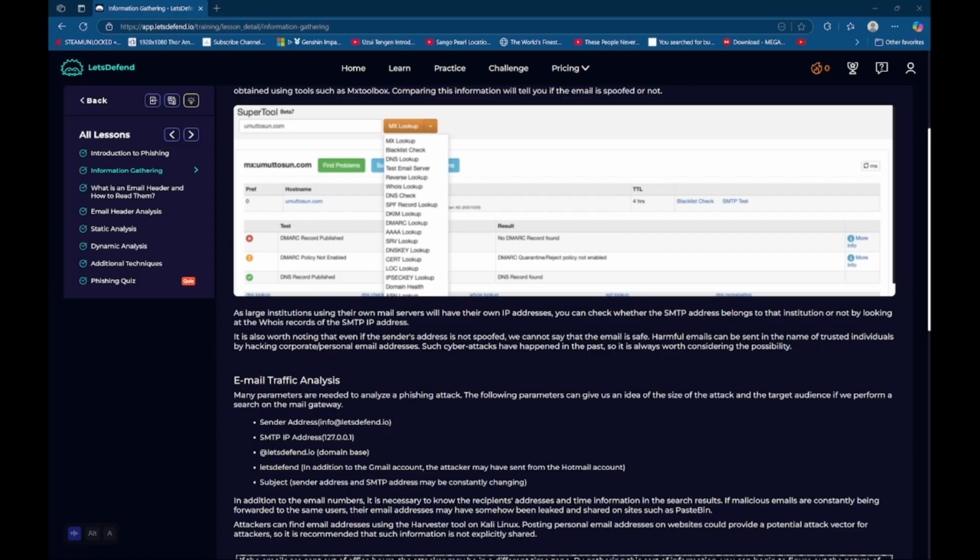What happened over here is that they are trying to look up a domain, this .com, and you're wondering, okay, it's showing no DMARC record found, policy not enabled, and DNS is active. This literally means that the email can be spoofed from this domain, and there are no rules in place to block it.